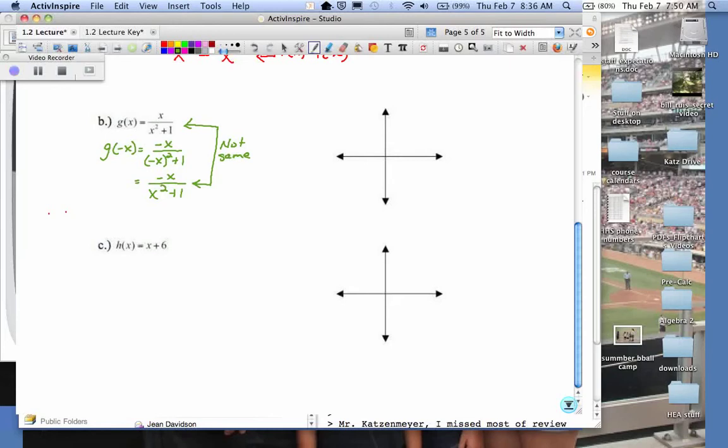So we're going to do what's called the negative of the function. So I write out my function and put the negative out front. Now we have to talk about when you take a negative to a fraction, does the negative sign go on top? Does it go on the bottom?